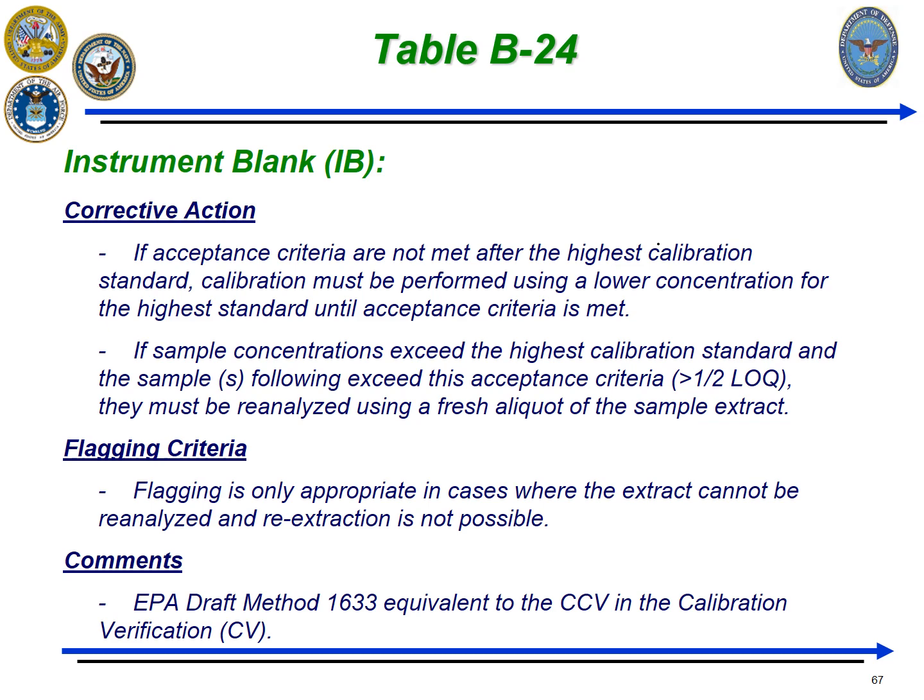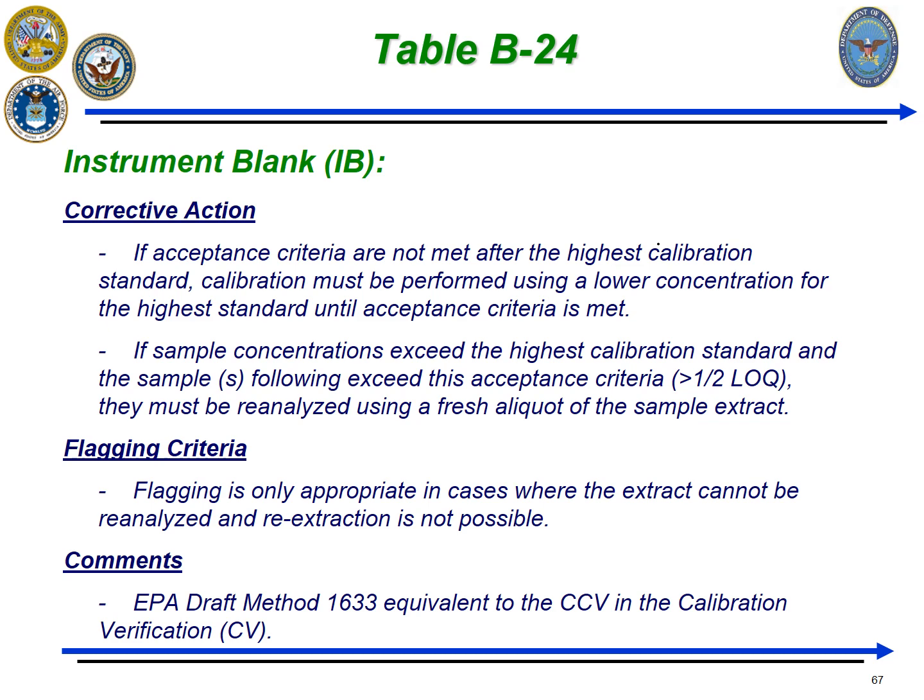We go on to clarify that if the criteria is not met after the highest calibration standard, the calibration must be performed using a lower concentration for the highest standard until the acceptance criteria is met, because that will demonstrate the point at which you would not expect carryover in samples.